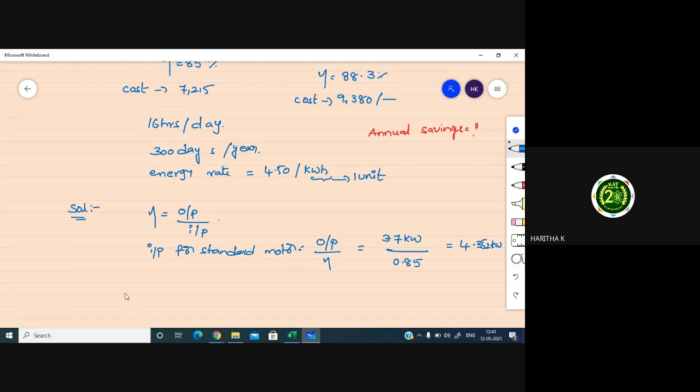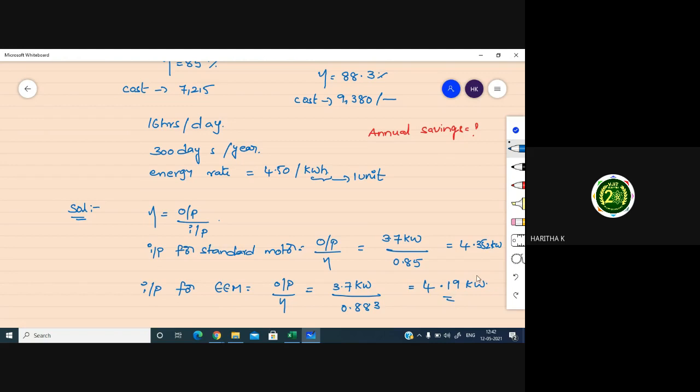So this much of input it is taking. And if you calculate the input for energy efficient motor, output by efficiency again, output is 3.7 kilowatt, the same output it is also giving, but efficiency is 88.3%, means 0.883. Then the input is 4.19 kilowatts only. See the difference. Energy efficient motor is taking less input than the standard motor.